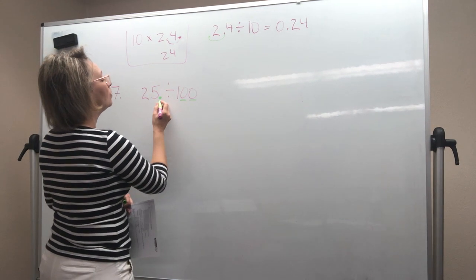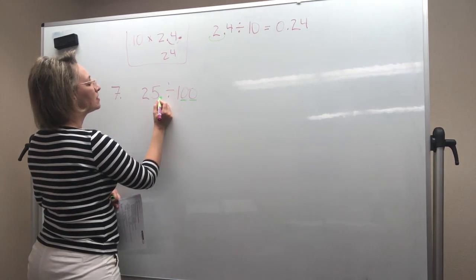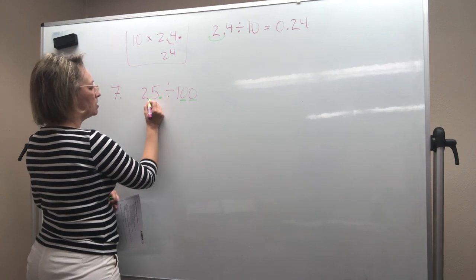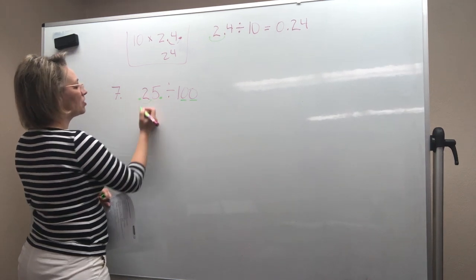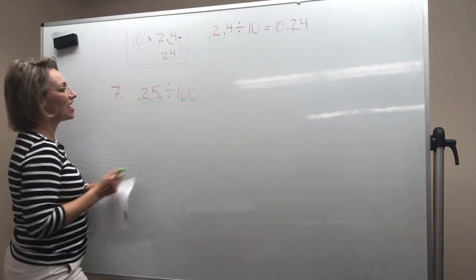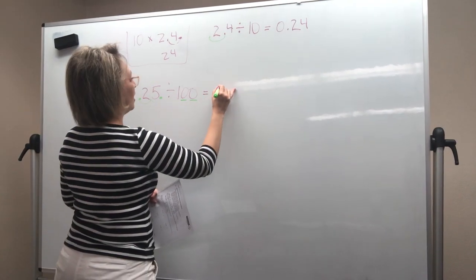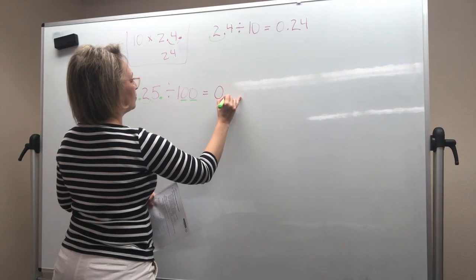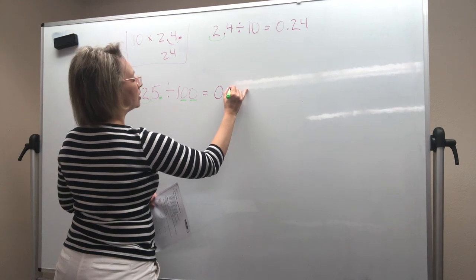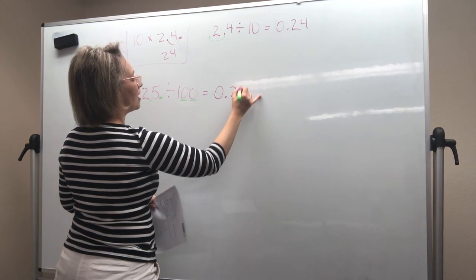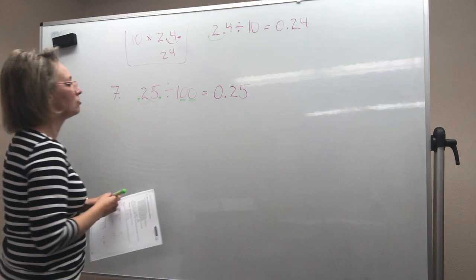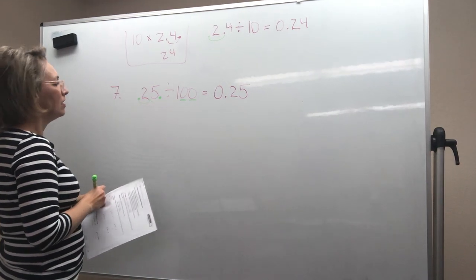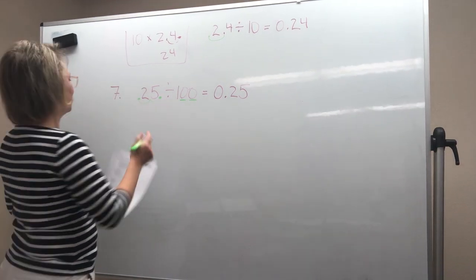So we need to move the decimal 2 places to the left. 1, 2. So there's where the new decimal point will be. So the answer is, I gotta put a 0 in the whole number spot because there's nothing there. 0.25, 25 hundredths.